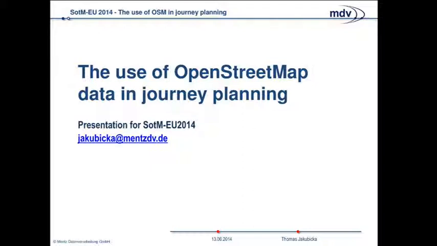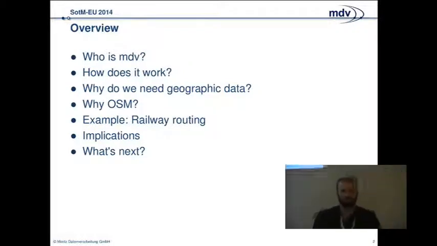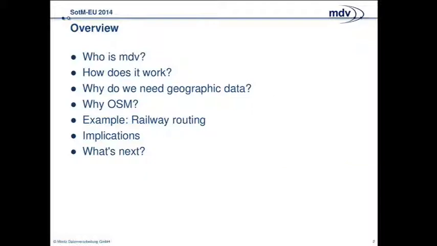This is a talk about the use of OpenStreetMap in journey planning. What are we going to talk about in the next 20 minutes? First of all, I want to introduce ourselves and what we do. And then I want to show you what we do with geographic data and why we are interested in using OpenStreetMap.